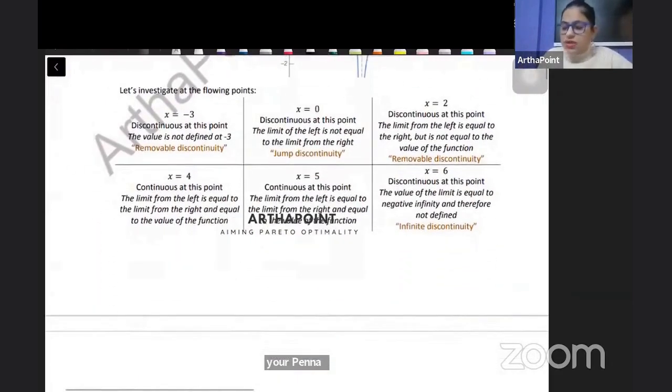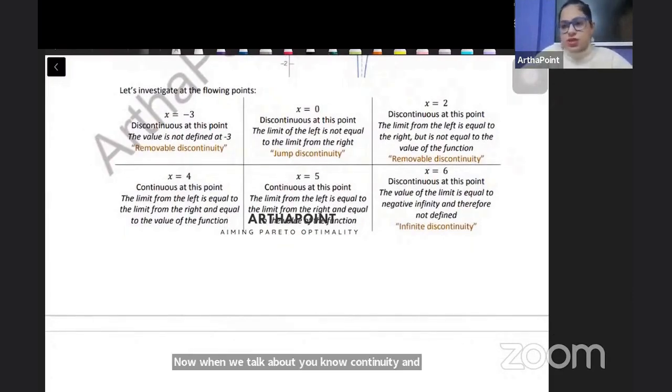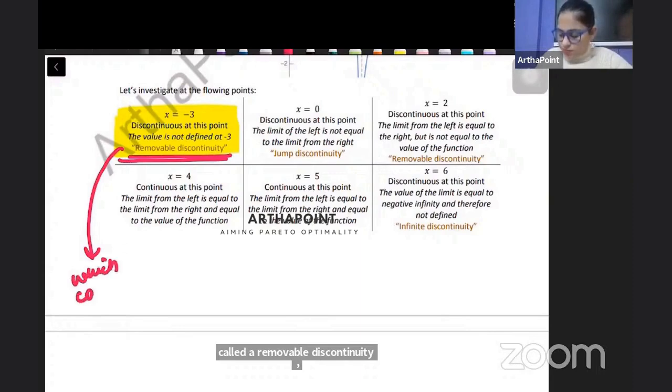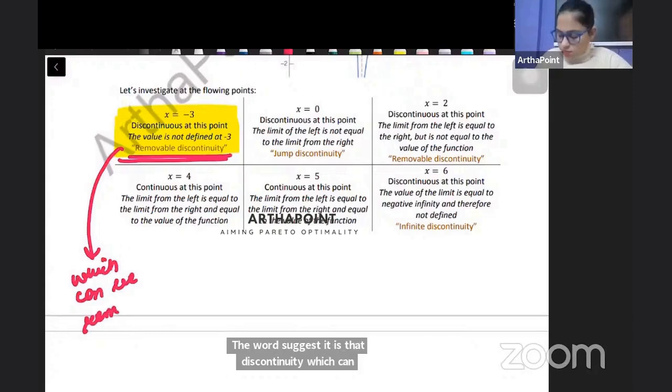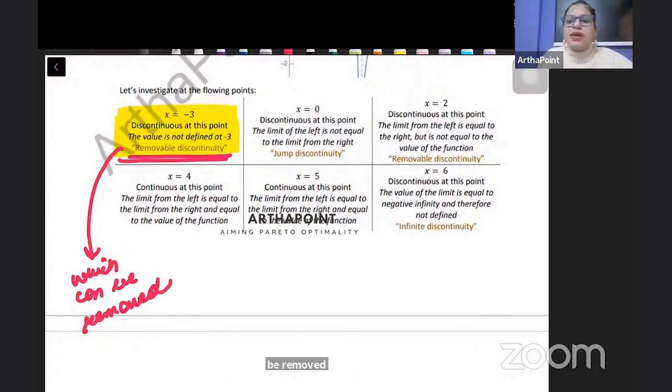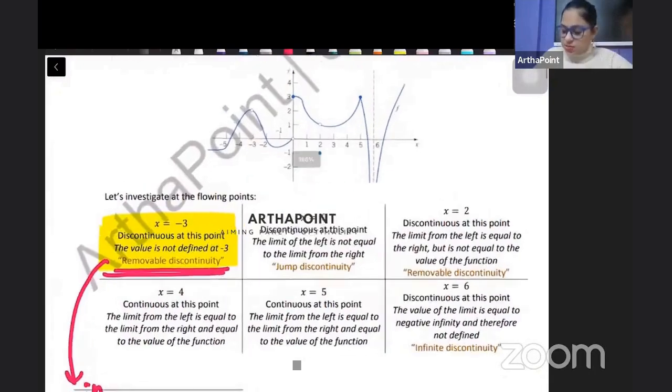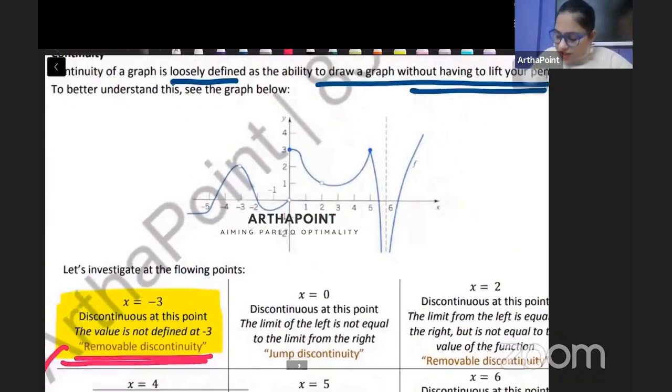Now, when we talk about continuity and discontinuity, there are various types of discontinuity that we have in maths. The first type of discontinuity is called a removable discontinuity. Removable discontinuity, as the word suggests, it is that discontinuity which can be removed. तो अगर हम एक फंक्शन की डिसकंटिन्यूटी को रिमूव कर सकते हैं, जैसे see here बच्चे, I am saying that the function is approaching a particular value.